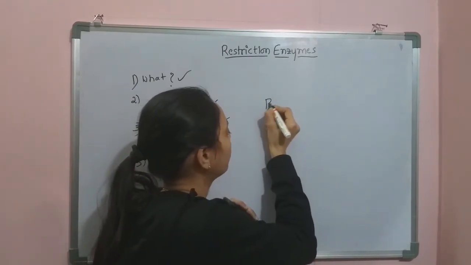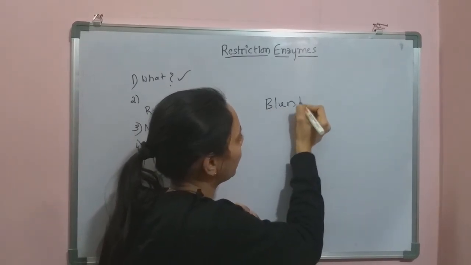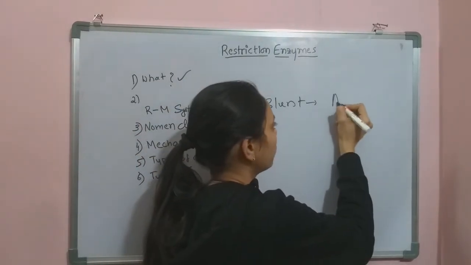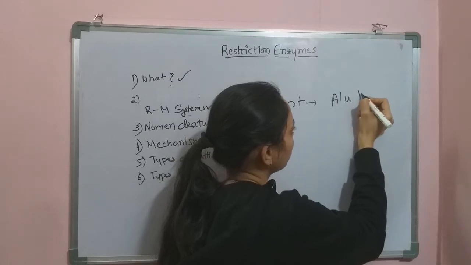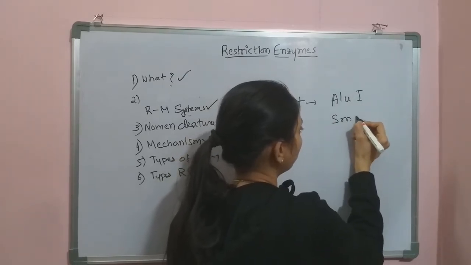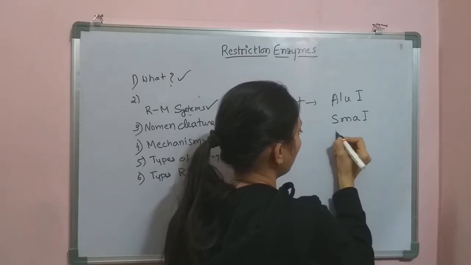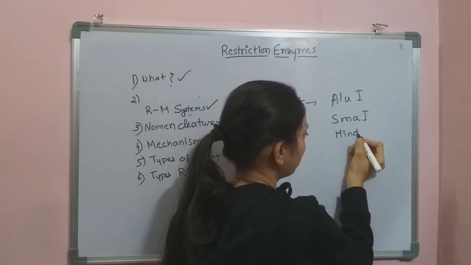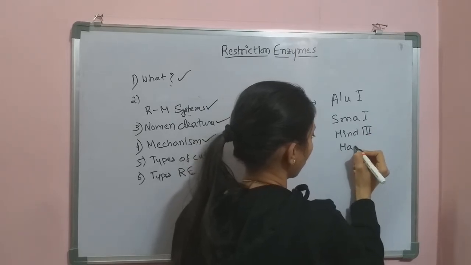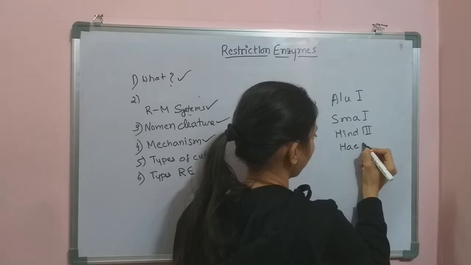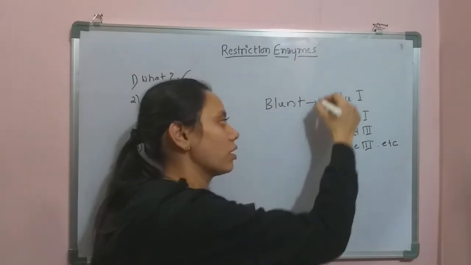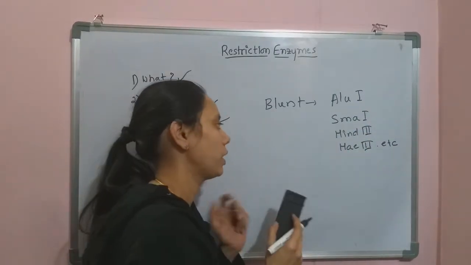So here for blunt end cutters, we can say examples like Alu I, Sma I, Hind, Ha, etc. These are the restriction enzymes that make blunt ends.